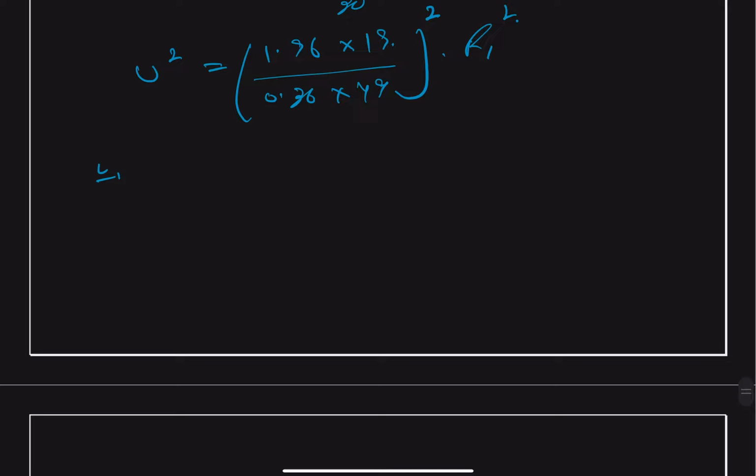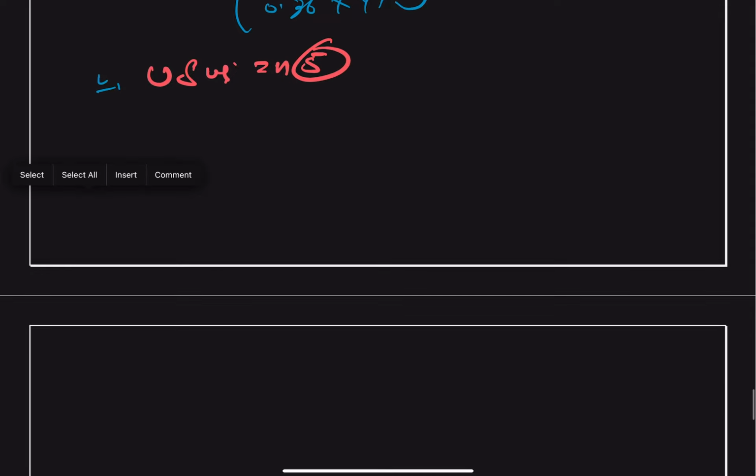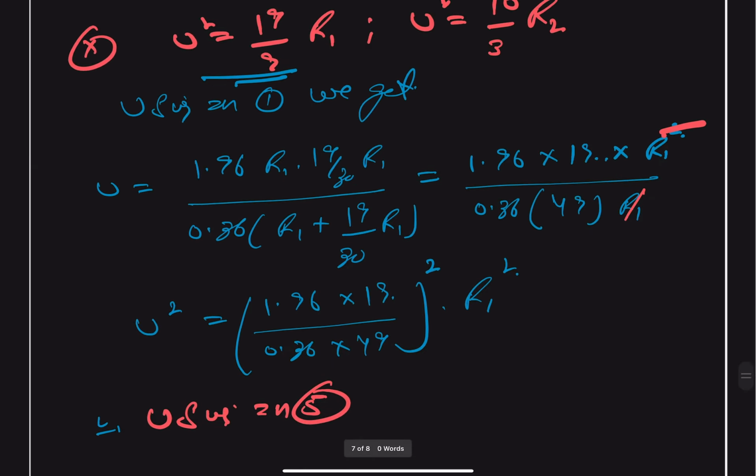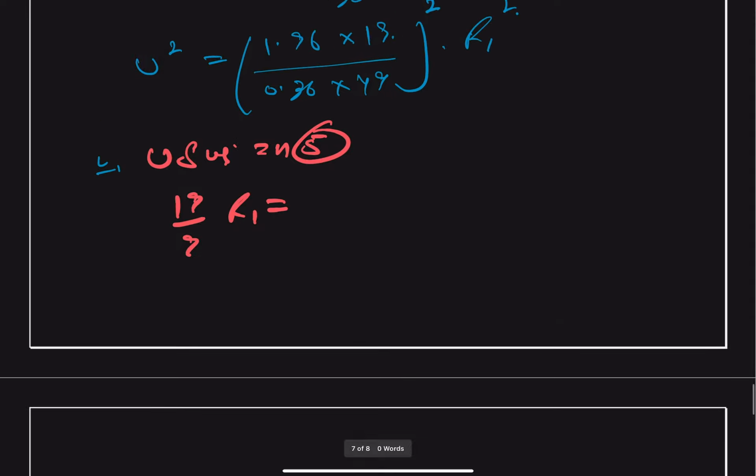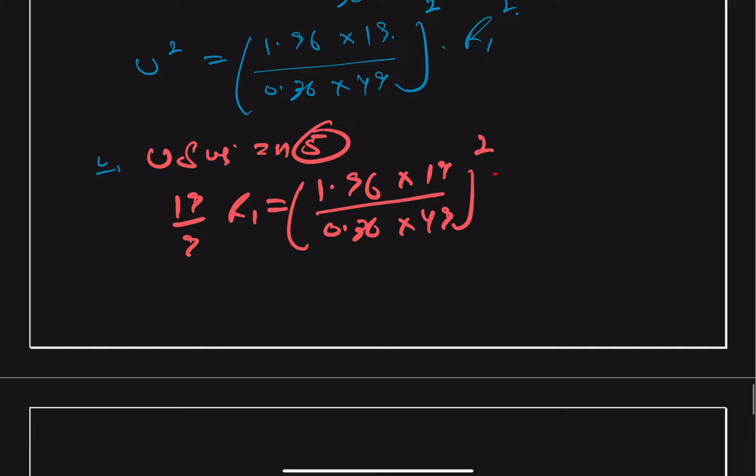So using equation 5, we can write this as 19 by 9 R1 is equal to 1.96 times 19 divided by 0.36 multiplied by 49 whole square, and this is R1 square.